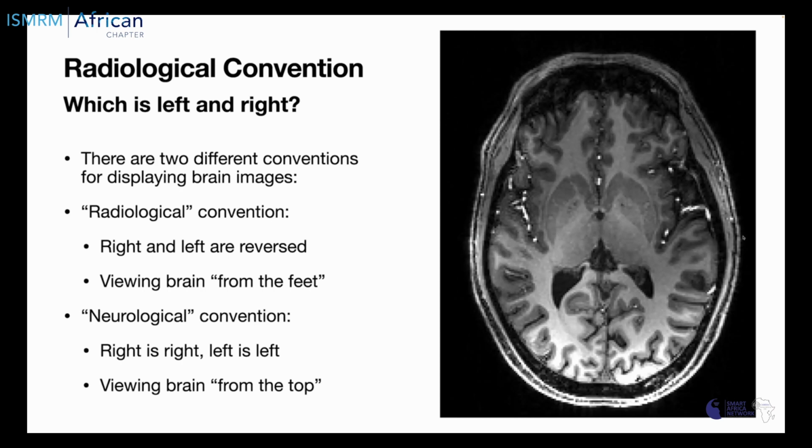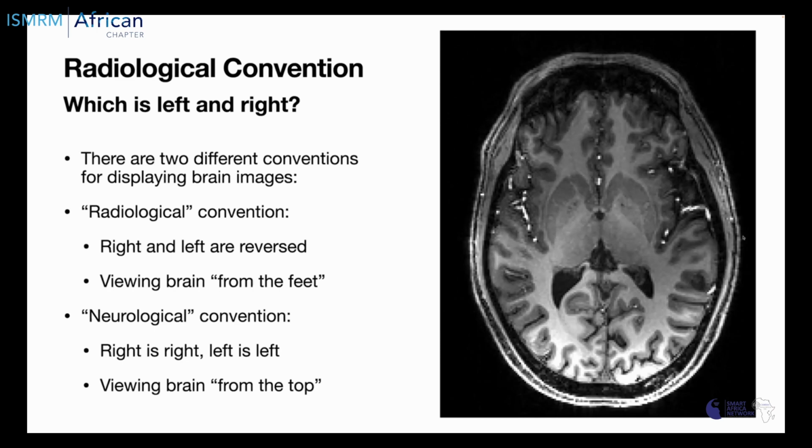There's another convention, which is called neurological convention, and that's where the right-hand side is on the right, and the left-hand side is on the left. That's because now we're viewing the brain from the perspective of looking from the top. So looking top down, right is right and left is left. But if you're looking from the feet, everything is reversed. And so the convention that you use depends on context and depends on the person.